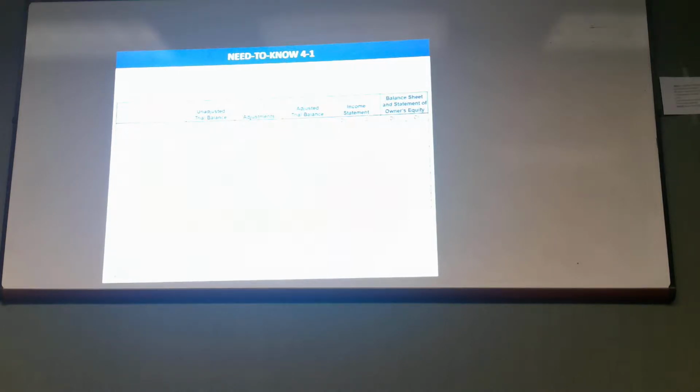We're going to do our first set of transactions. It's saying prepare and complete the worksheet, starting with the unadjusted trial balance and including adjustments on the following. The company has earned $9,000 in fees that were not yet recorded at year end.